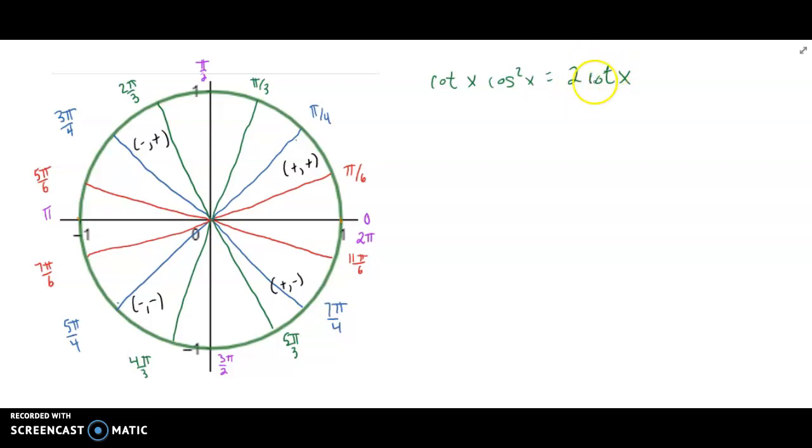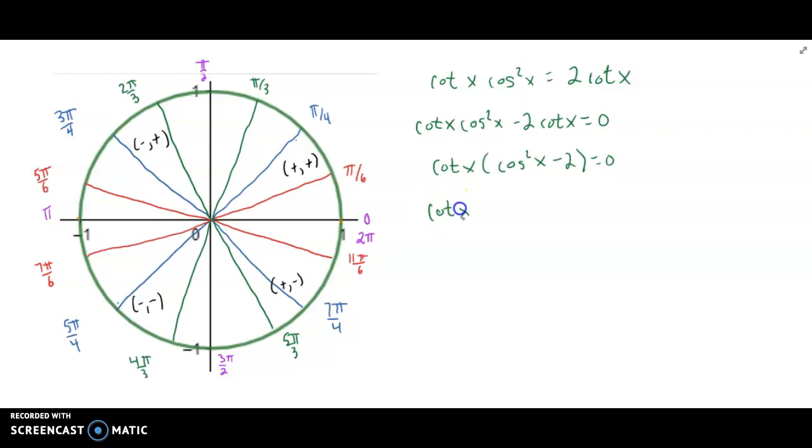So I'm going to subtract 2 cotangent of x from the other side. Then I can factor out a cotangent of x.